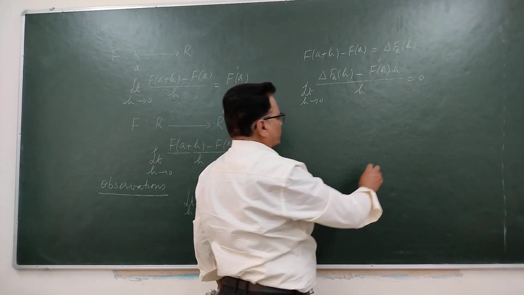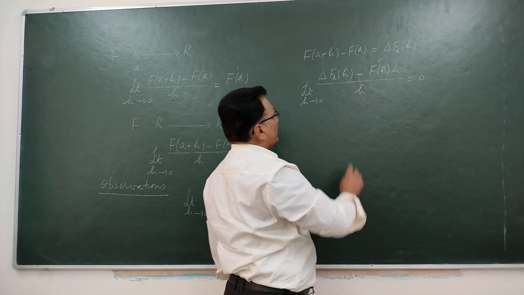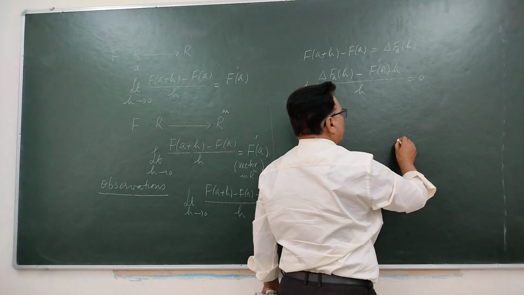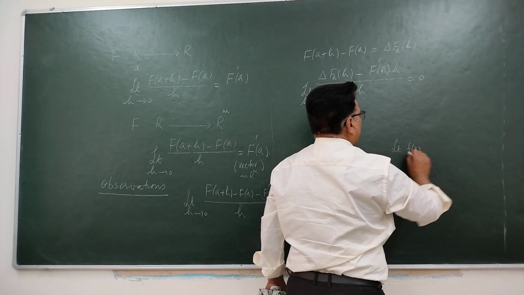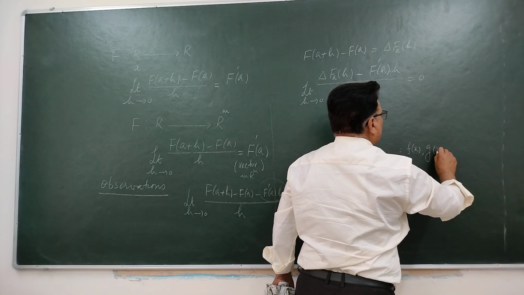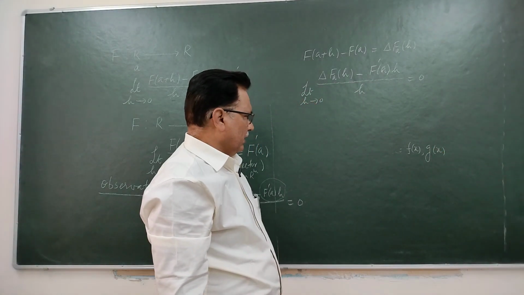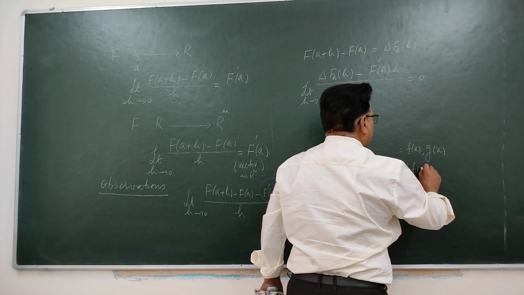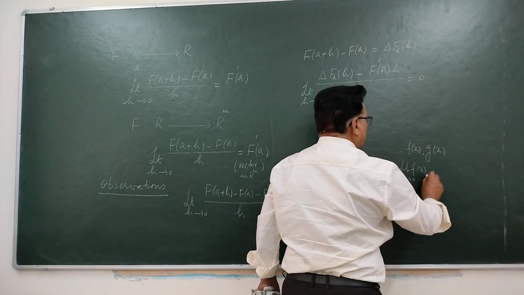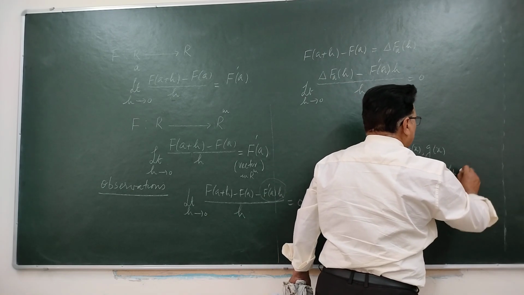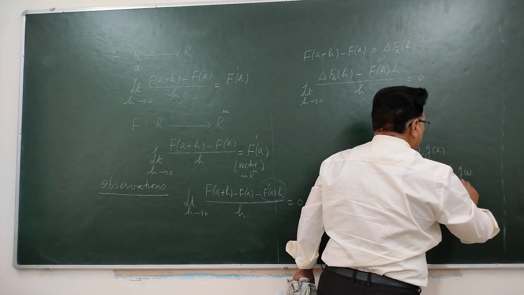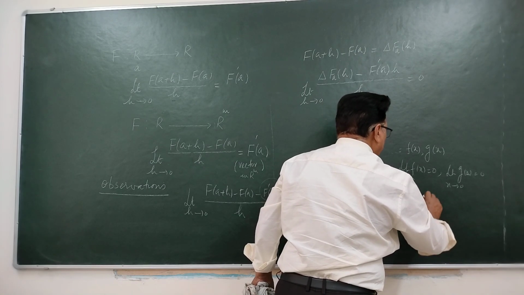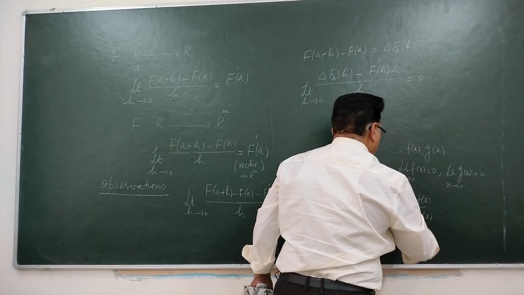I have to explain what I mean by saying that this quantity tends to 0 faster than h. If you have two real valued functions of a real variable, say f(x) and g(x), and the limit of f(x) when x tends to 0 is 0, as well as the limit of g(x) when x goes to 0 is also 0, then one can think of the limit of the quotient f(x)/g(x) when x goes to 0.